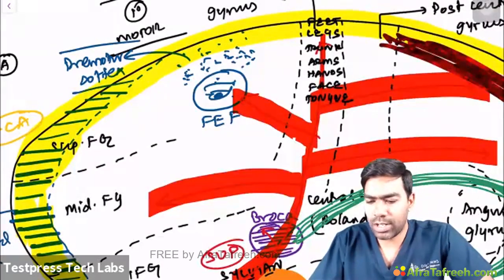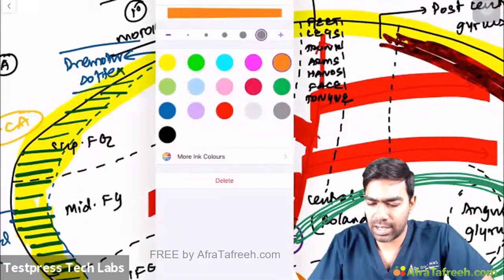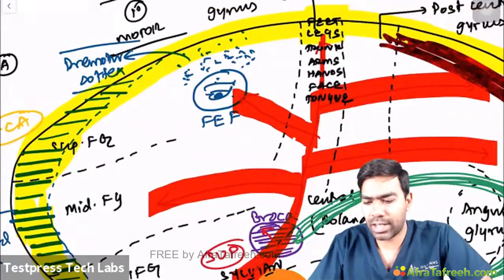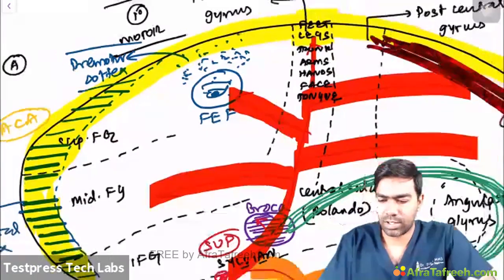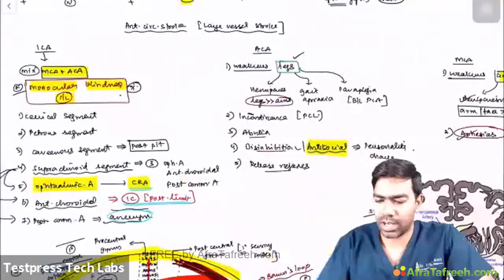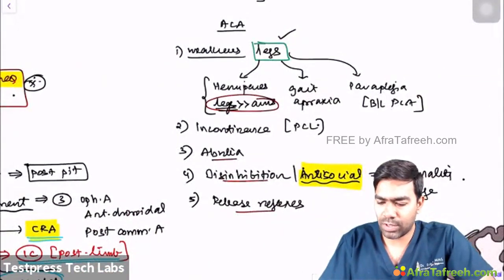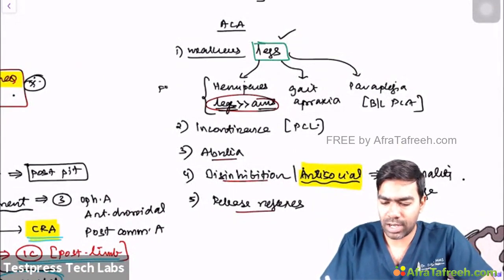So what you're noting here is that an ACA-territory infarct typically is going to affect the feet and the legs predominantly. So feet will never be spared in the setting of an ACA-territory infarct, and feet will never be involved in the setting of an MCA-territory infarct. That's why I told you, when you get a cortical stroke due to ACA, your leg weakness will always be more than the arm weakness, and feet involvement will be definite.